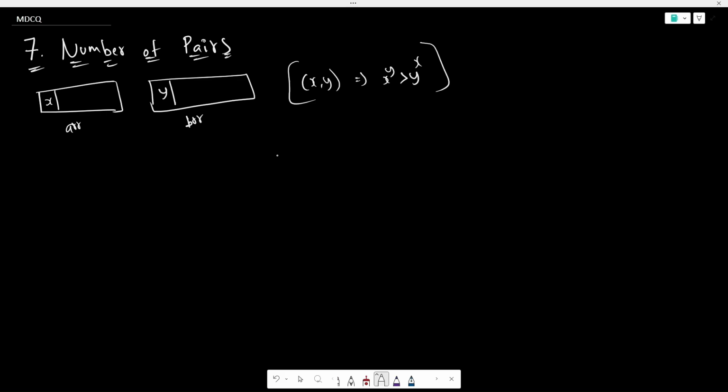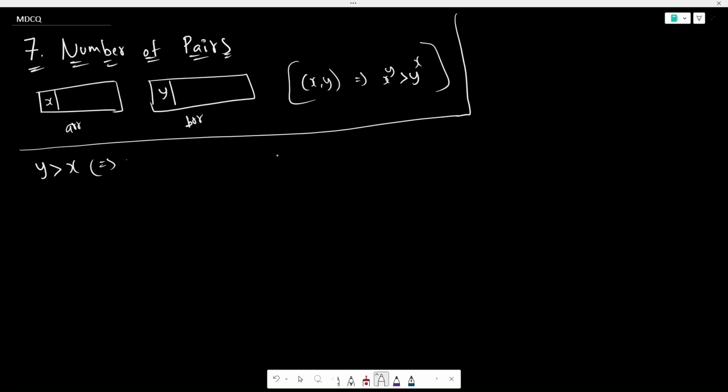So basically, how to solve this problem? In mathematical observation, we can tell one thing: if y is greater than x, then x power y is greater than y power x.